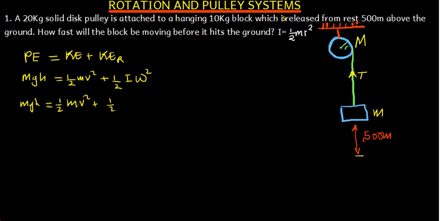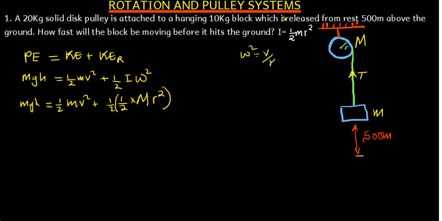Now the moment of inertia is given as 1/2 again, multiplied by the mass of the system which is rotating, capital M, and then multiplied by the radius squared. Angular velocity is given by linear velocity divided by the radius.